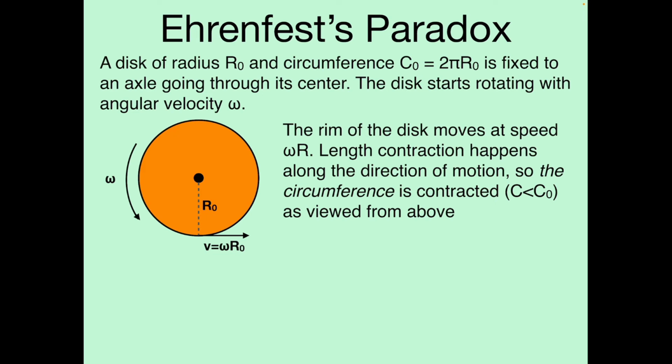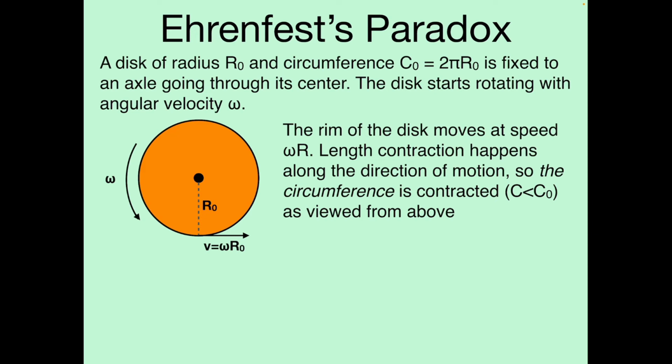Okay, so next, we have this effect that we learned about called length contraction. According to the theory of special relativity, we should have length contraction along the direction of motion. So the outer rim of the disk is moving in this direction, tangent to the circle. That means we should see the circumference of the disk become contracted. We always get length contraction along the direction of motion.